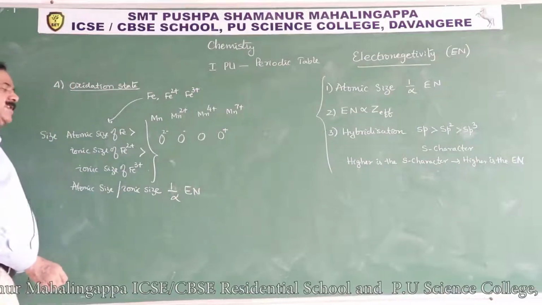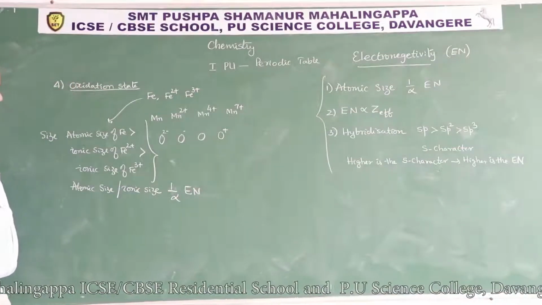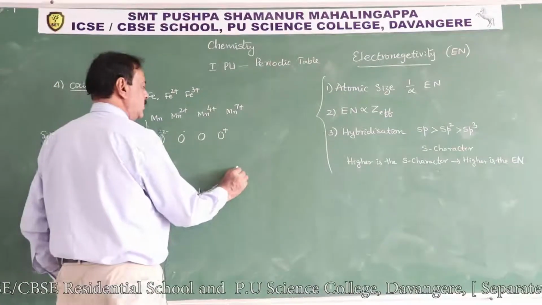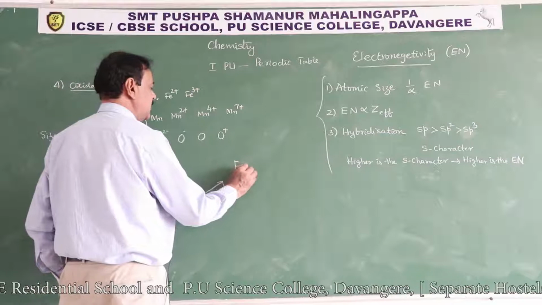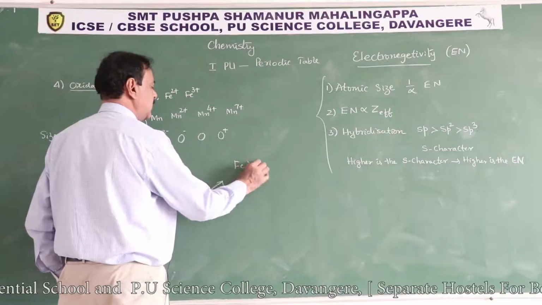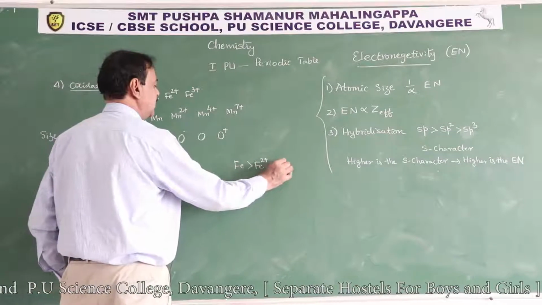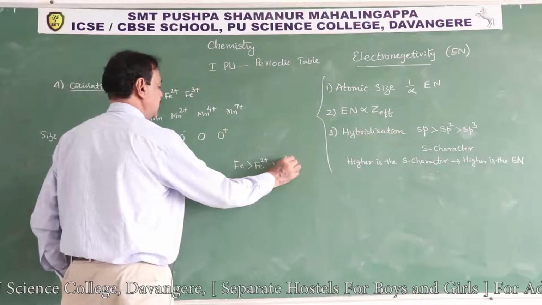The smaller the ionic size, the higher the electronegativity. Therefore, according to this concept, atomic size of iron is greater than ionic size of Fe2+, which is greater than ionic size of Fe3+.